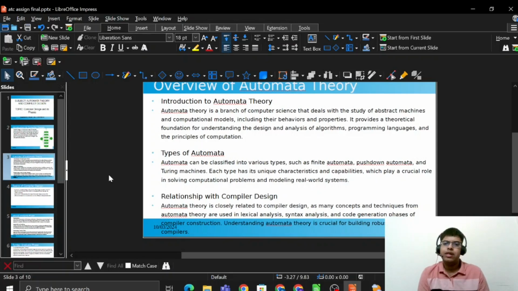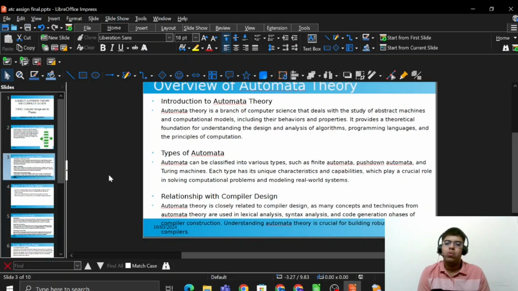Next one is types of automata. These are classified into various types such as finite automata, pushdown automata, and Turing machines. Each type has its unique characteristics and capabilities, which play a very important role in solving computational problems.